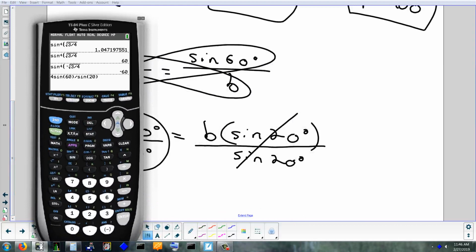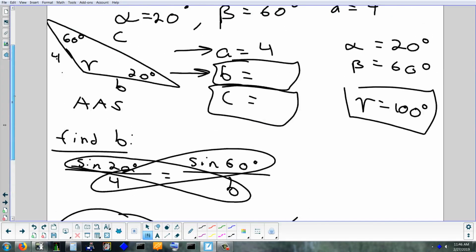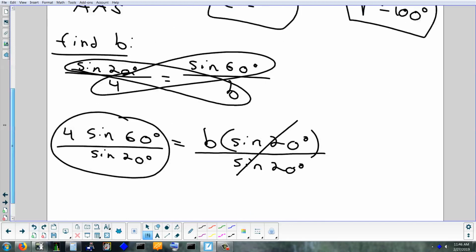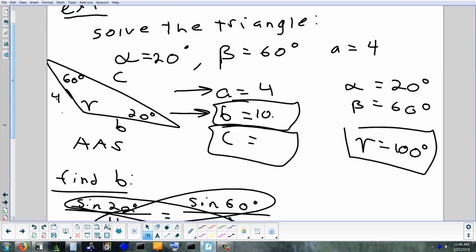If you don't close the parenthesis, we've had this come out before, but it would come out wrong. Okay. So we get 10.128.